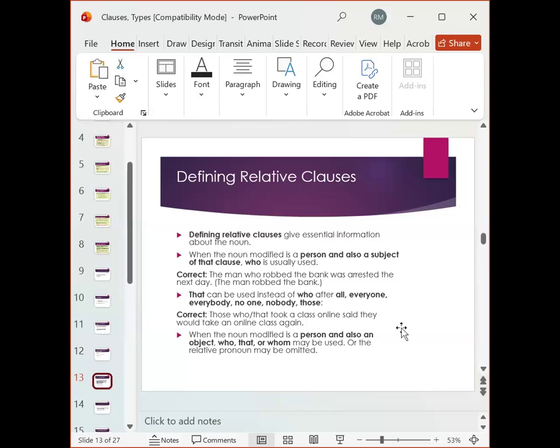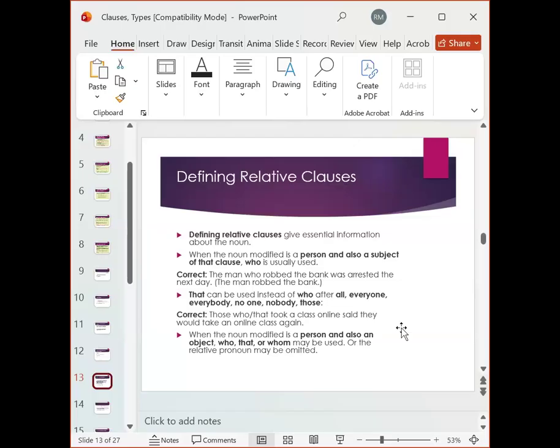So now these relative pronouns that we identified at the initial stages of defining what a relative clause is, you can't just use them anyhow. You can't just decide, okay, let me choose one of these and make a sentence with it. No. Your choice will depend on what you are talking about.